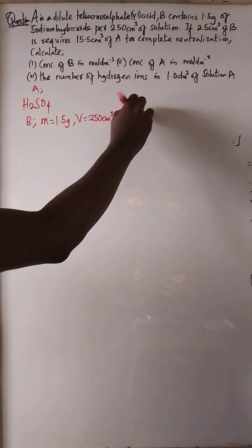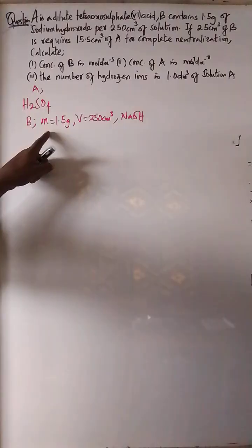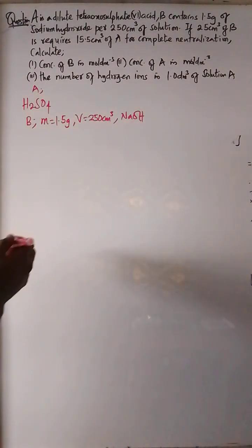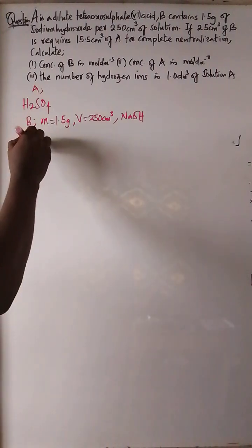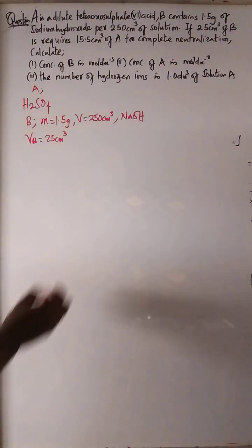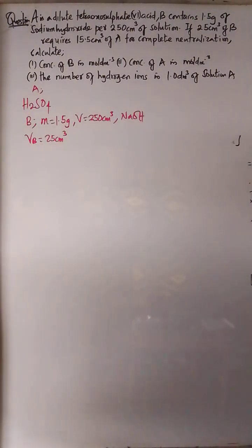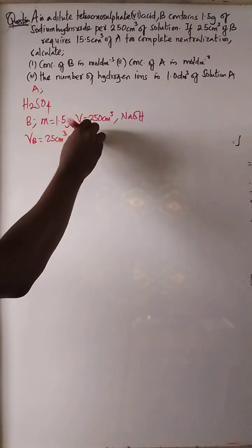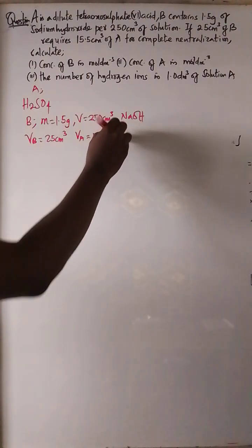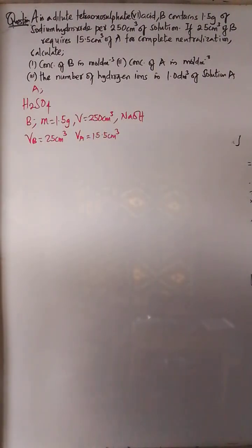In short, we are given a mass concentration indirectly. If 25 cm cube of B requires 15.5 cm3 of A, that is the titre value, for complete neutralization.